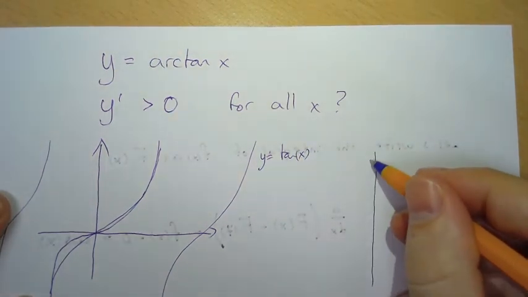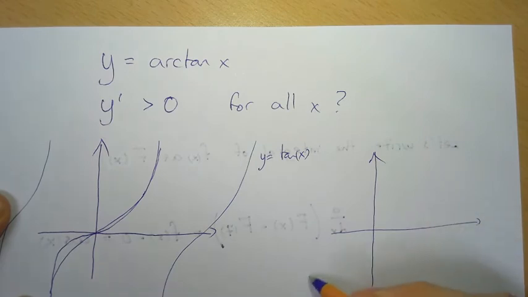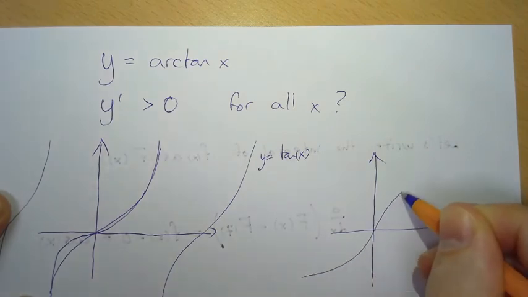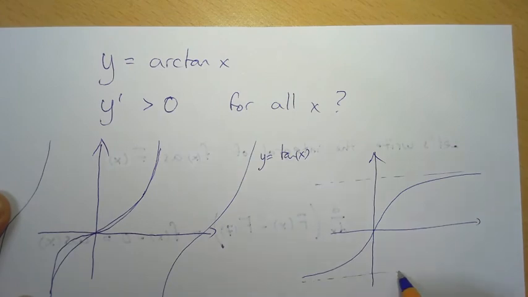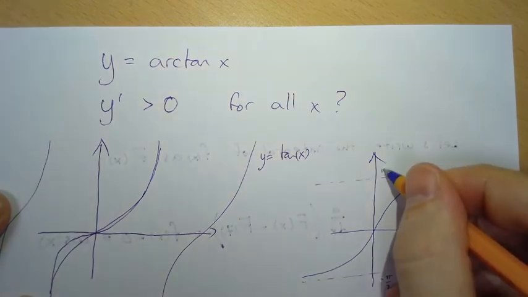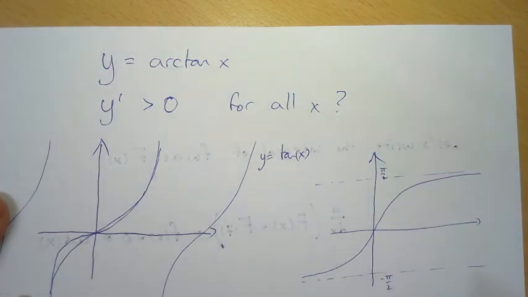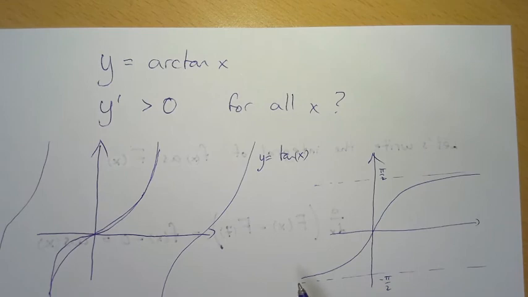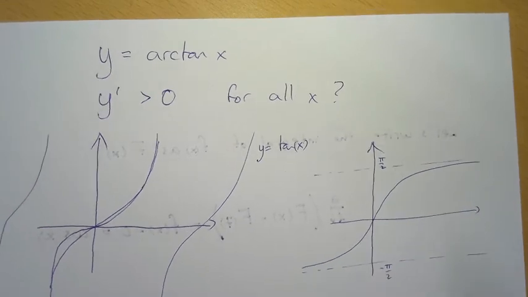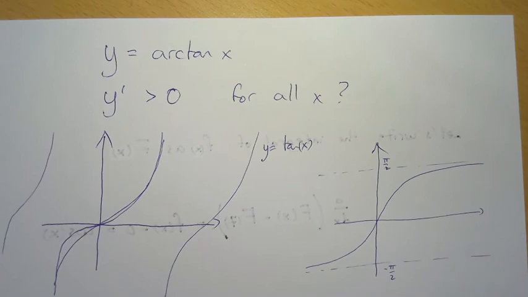So the graph of arctan x is like that, with horizontal asymptotes at negative pi over 2 and pi over 2. So visually, on the graph, we can see that yes, the slope is positive for all x. This graph is always going up. That's the first way to answer.